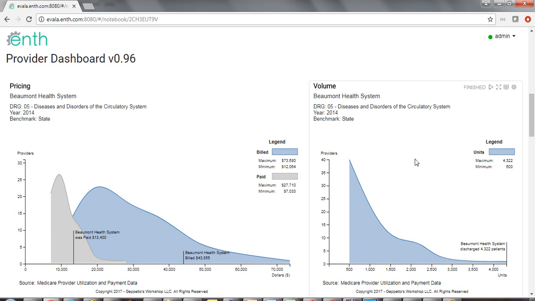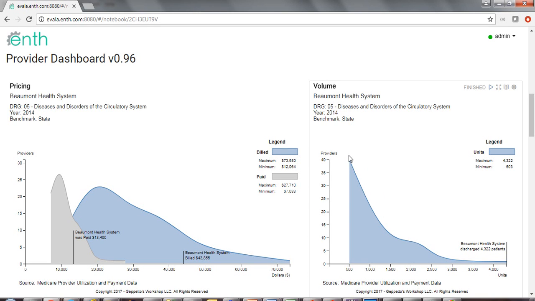This next set of charts has to do with pricing and volume and how a particular provider compares to other providers in the benchmark area. And I'm going to start with the chart on the right, volume. What we're looking at is we've aggregated all the providers within the benchmark area and kind of loosely rounded their volume so we could create a smooth curve.